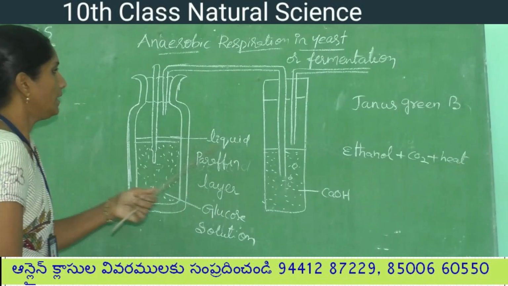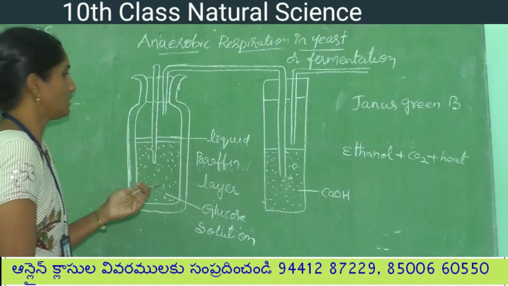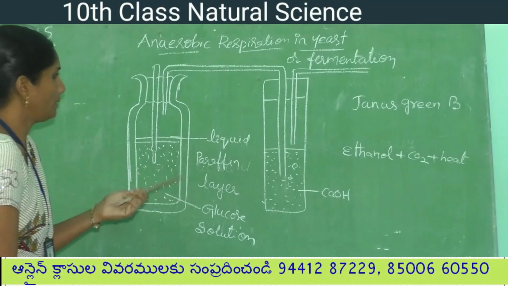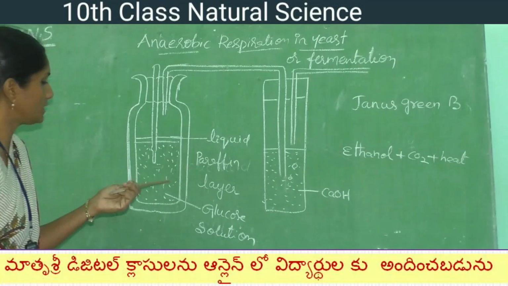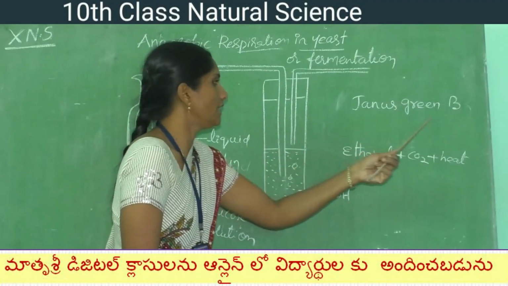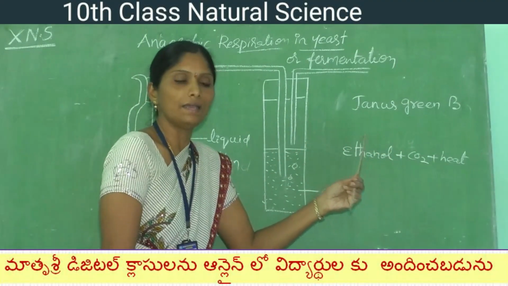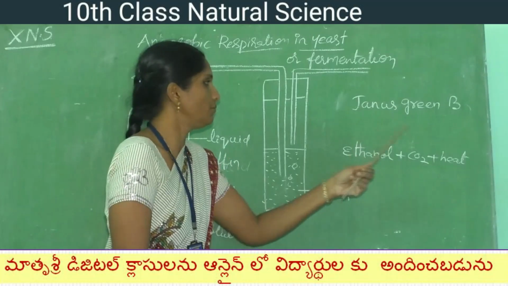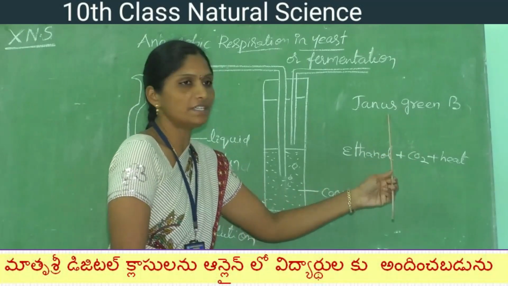If any oxygen is dissolved in the glucose solution, the Janus Green B is converted into pink color.